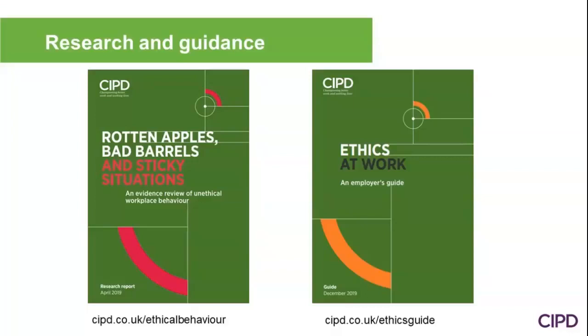So what this evidence review was really all about was understanding some of the factors that influence unethical behaviour at work. We often hear, especially when corporate scandals make the news, that things like a few rotten apples are to blame for unethical behaviour, or perhaps a poor company culture.